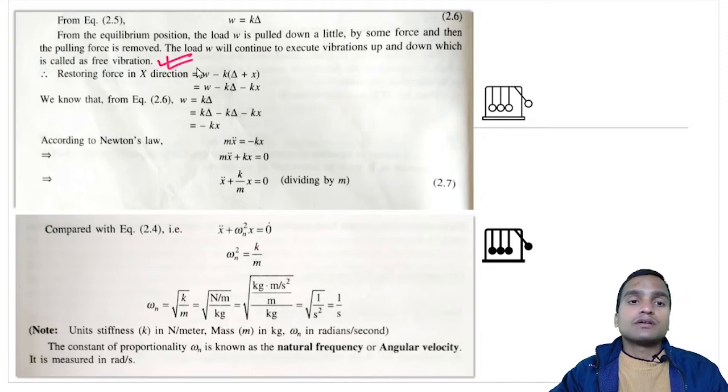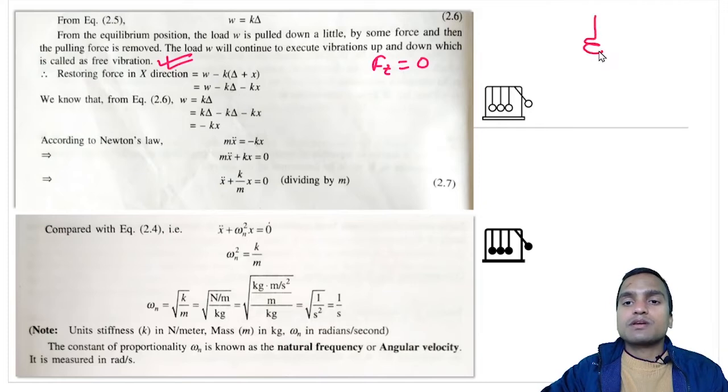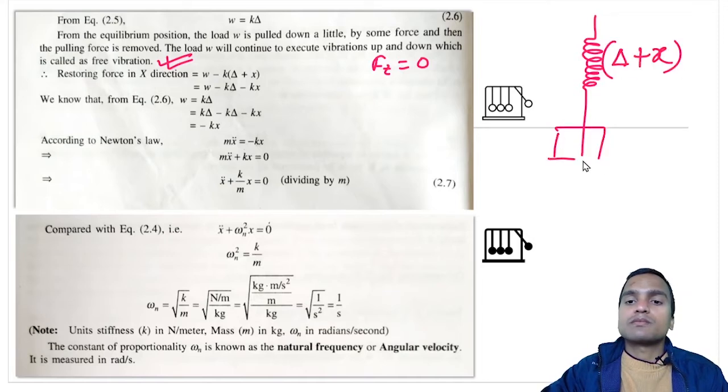So F(t) is equal to 0 later on, so it's a free vibration. Now, because we have stretched the spring extra, the spring displacement is delta plus x, and this is the mass hanging from the spring.